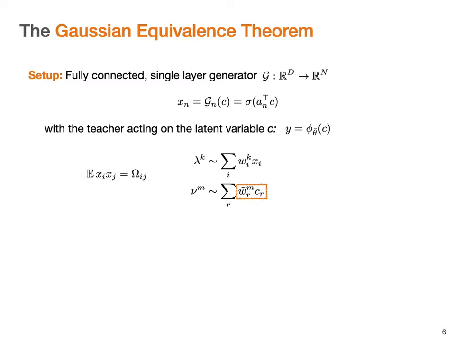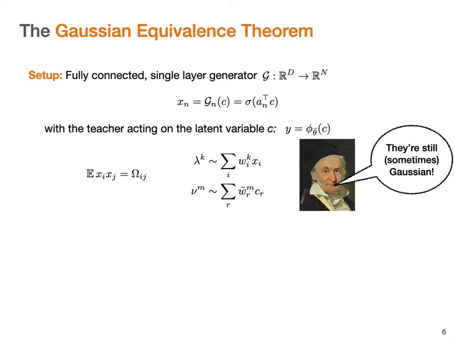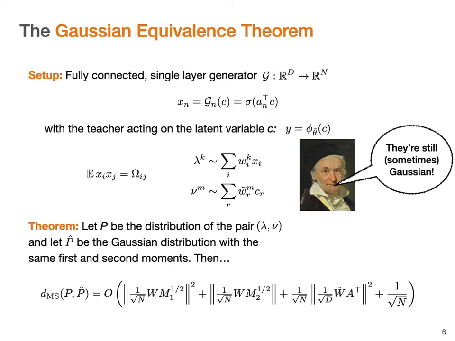Now, a priori, it's not at all clear that lambda and nu are Gaussian. The x's certainly aren't Gaussian anymore. They have some distribution, so it's not clear if the lambda and nu's are still Gaussian. What the GET tells you, though, is that they're still sometimes Gaussian. More precisely, what the theorem tells you is that if you let P be the distribution of the pair lambda and nu, the real distribution, and you compare that distribution to a distribution P hat, which is a Gaussian distribution with the same first and second moments, then you can introduce a distance between distributions.